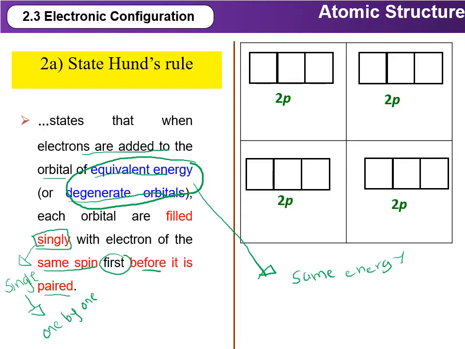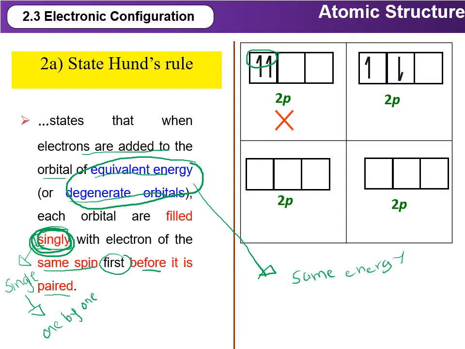Let's look at the diagram on the right-hand side here. We have 2p orbitals, which consist of 3 orbitals. In the first one, an electron fills up, followed by a second electron in the same orbital. This one we consider wrong, because the rule says we have to fill up one by one in each orbital. Now let's look at the second one. In this case, the electrons are filled one by one.